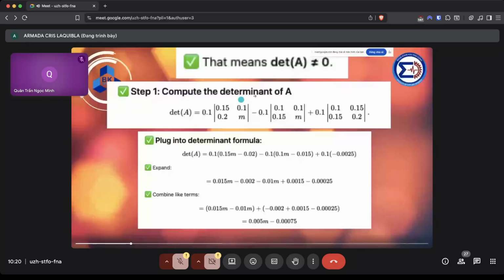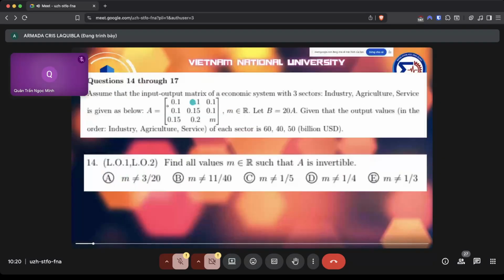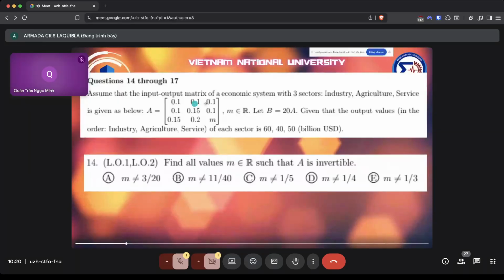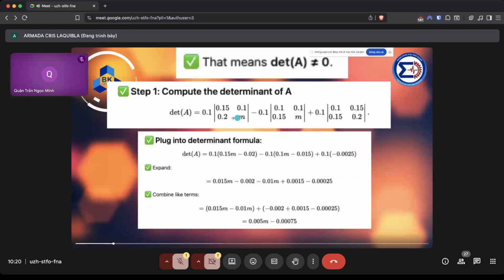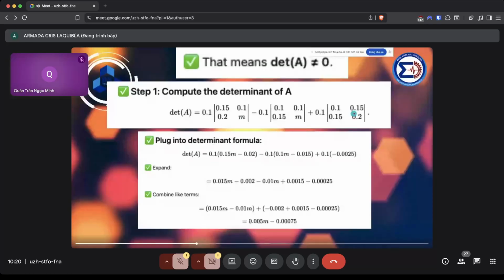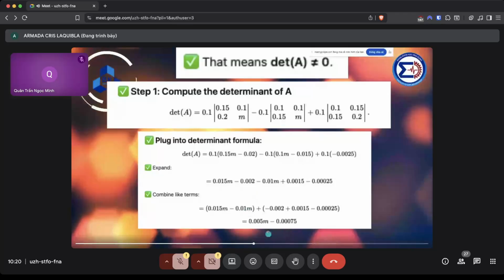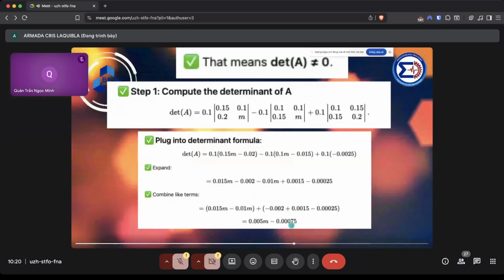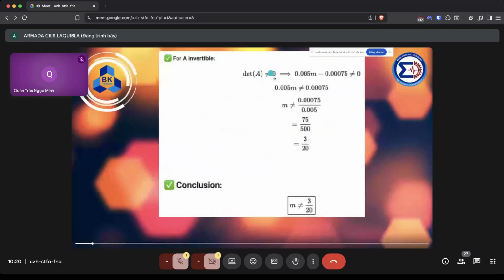So compute the determinant of A. First, we use row 1: 0.1, 0.1, 0.1. We pick that, and then this is the remaining matrix. The second 0.1, this is the remaining, and then the third 0.1, and this is the remaining numbers in the matrix. Now we solve the determinant, combining all the terms with m, and then the constants. The determinant should not be 0, so we transfer this to the other side.